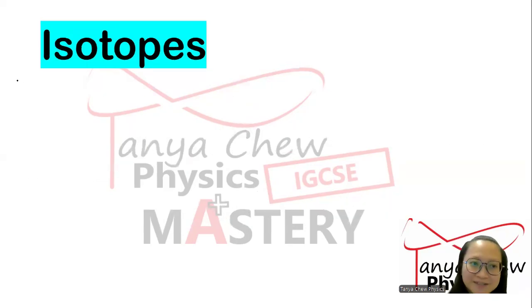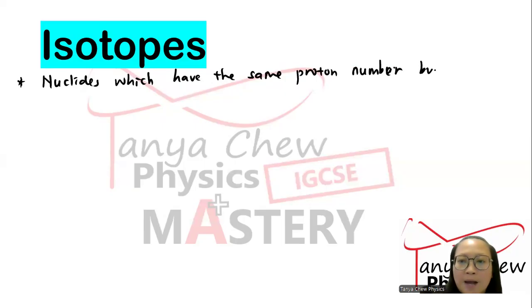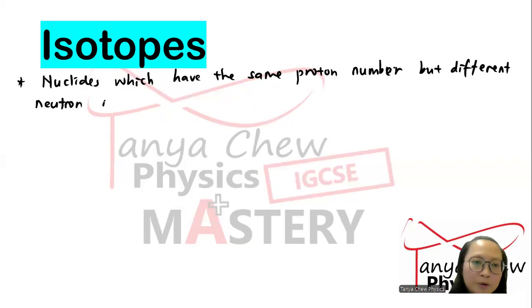Now, isotopes, this is a little bit like chemistry. Isotopes means nuclides which have the same proton number but different neutron number; nucleon number is not a problem.